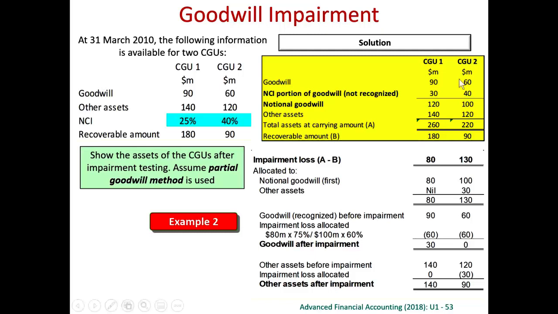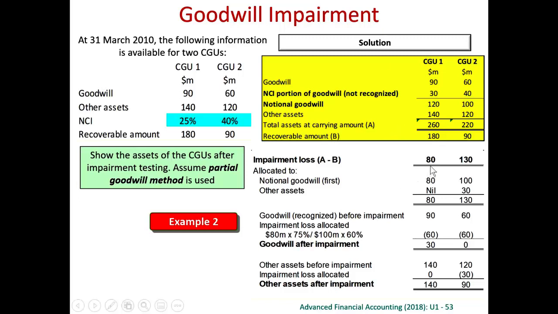When we compare this carrying amount with the recoverable amount, we know that there is an impairment loss. So we know that impairment loss will be 80. But we cannot debit the impairment loss 80, because basically this impairment includes the impairment for the goodwill for NCI that we have not recognized in the consolidated financial statement.